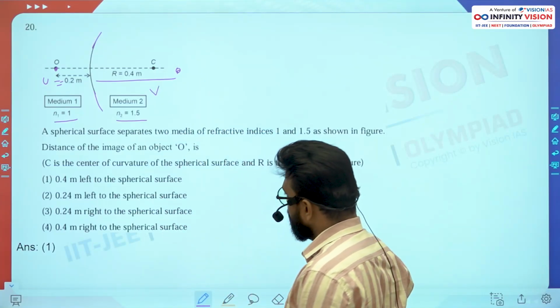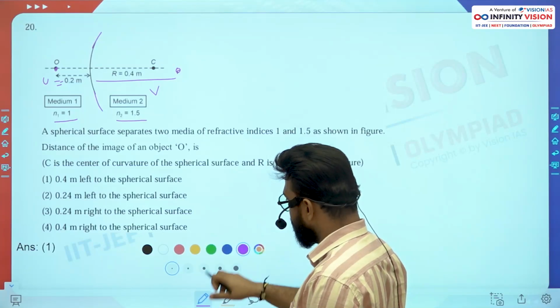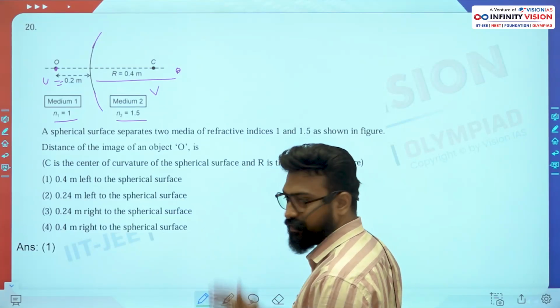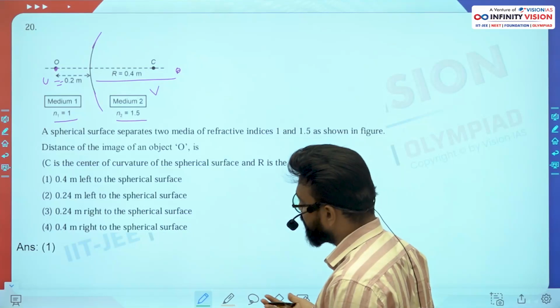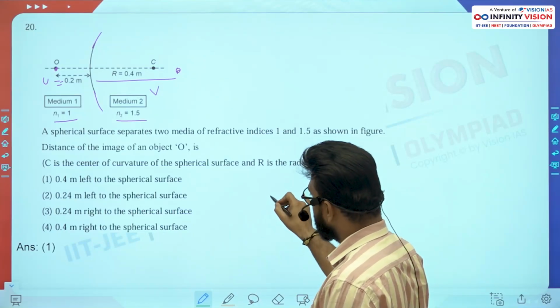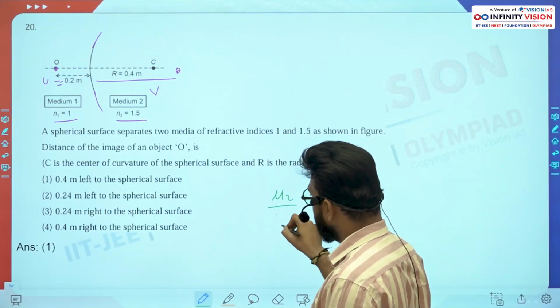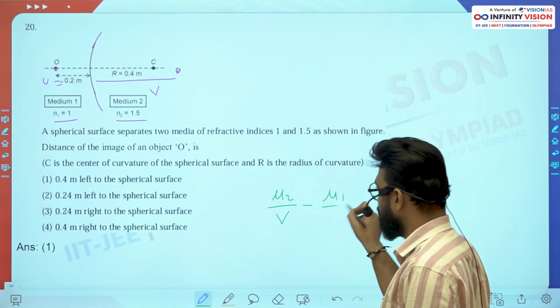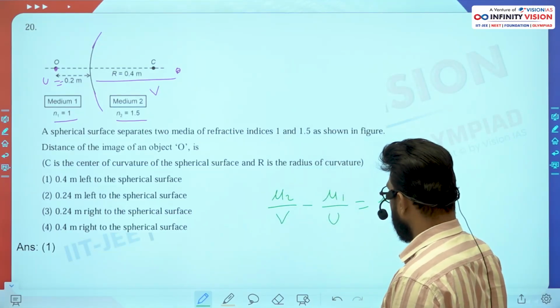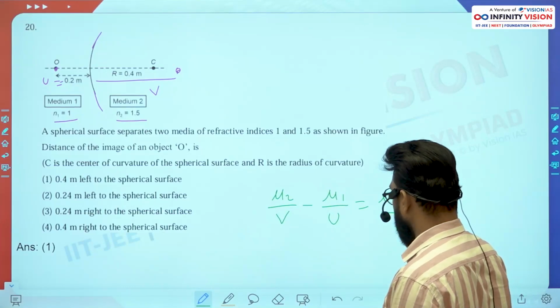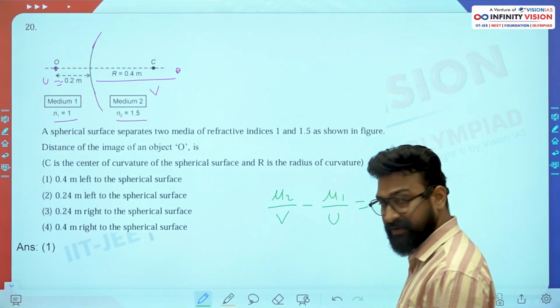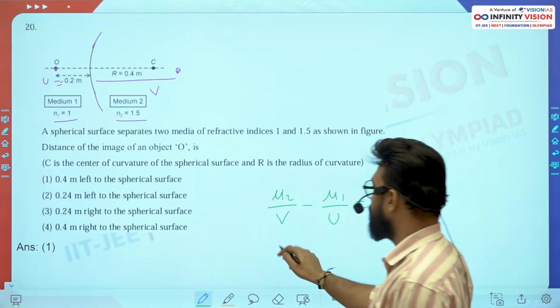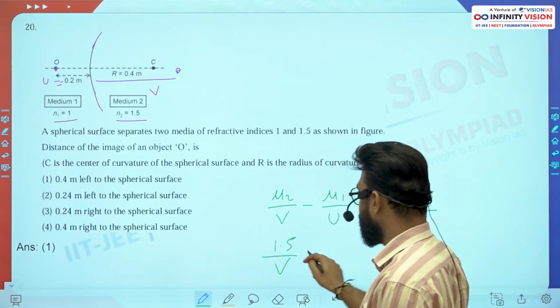We already know the formula for refraction through a curved spherical refracting surface: mu2 by v minus mu1 by u is equal to (mu2 minus mu1) by R, where R is the radius of curvature of that refracting surface. The second medium is 1.5, and we need to calculate v.